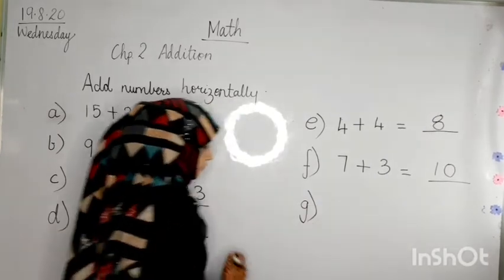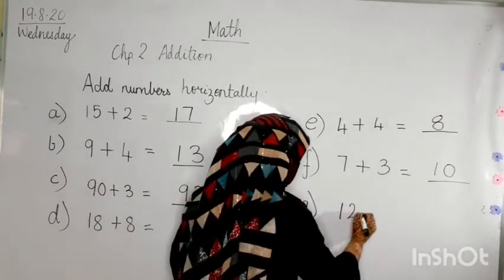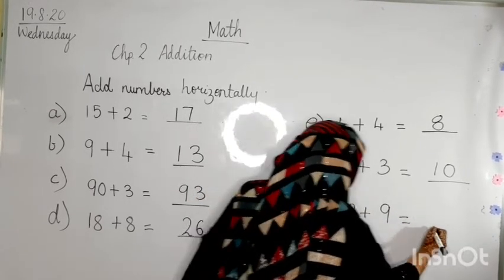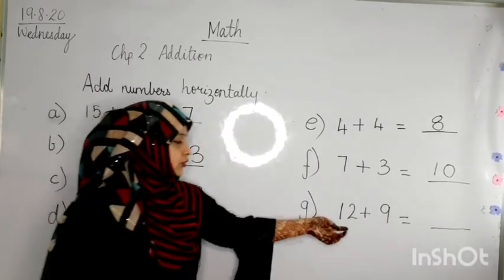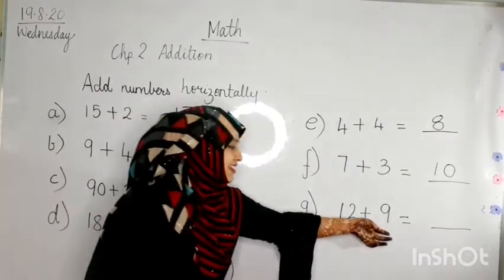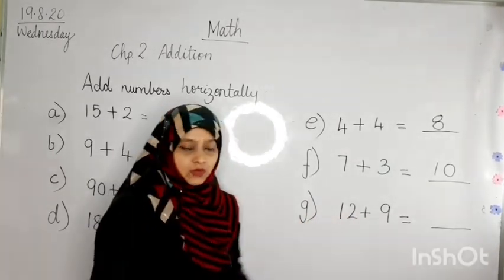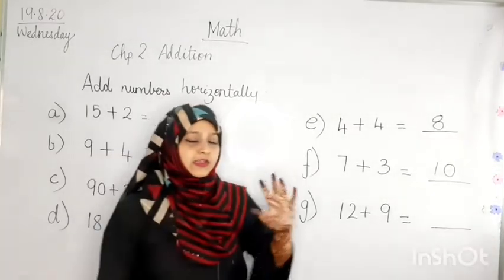Let's take 12 plus 9. So the 12 is the bigger number and 9 is the smaller number. So we are going to keep 12 in our mind and 9 on our fingers.